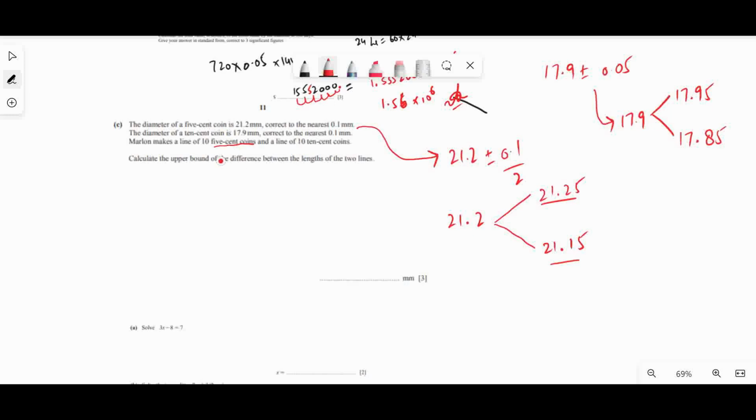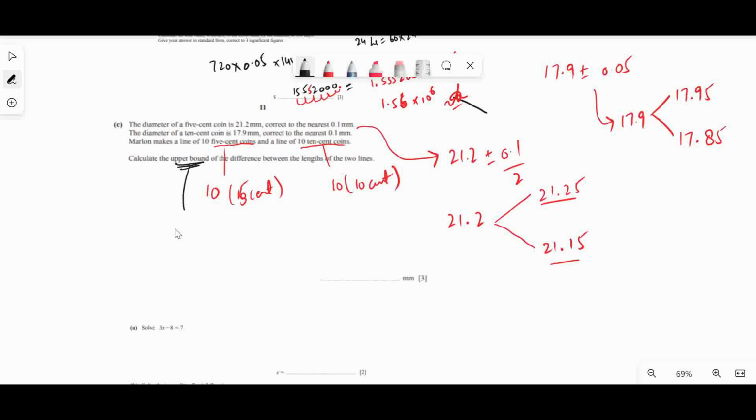This will represent the 5-cent coins, and this will represent the 10-cent coins. No need to write it, it is just for the sake of understanding. Now calculate the upper bound of the difference between the length of the two lines.